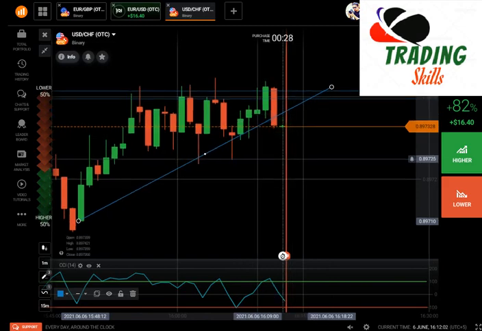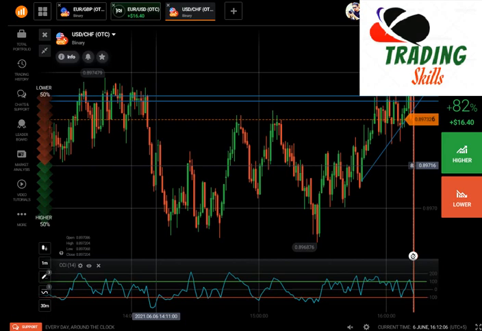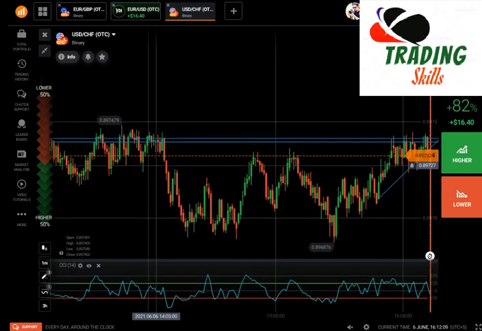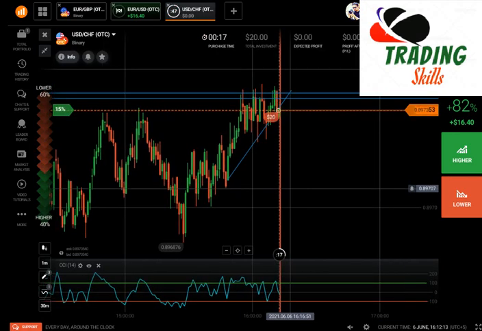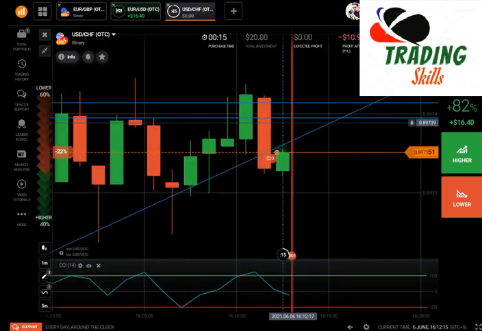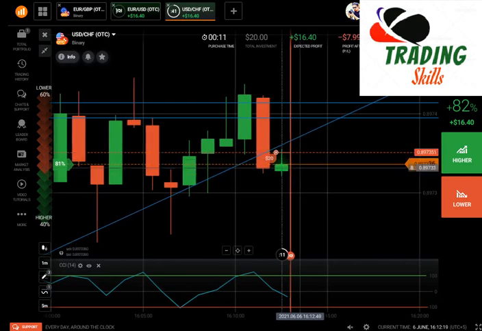Now you can see sellers are very strong, so I need to only check the level. Okay, I can go here with the sellers. I have taken my trade here with the margin of safety. Now you will see market will get a rejection and it will close below my entry point.